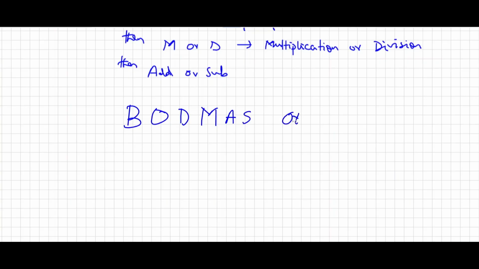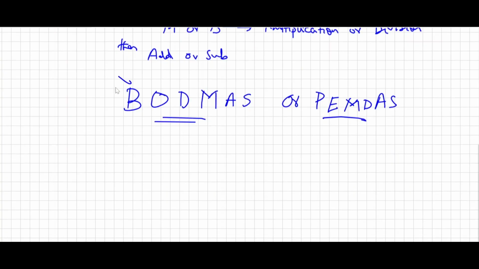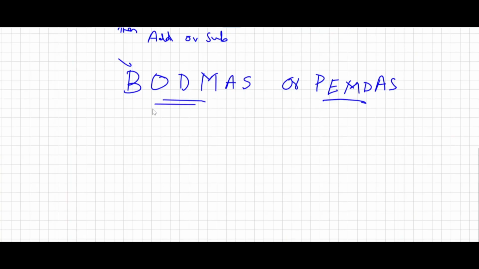Or there is another one you can use, if you like it: P for parenthesis, you can also call brackets parentheses, E for exponent, M for multiplication, D for division, A for addition and S for subtraction. It's your choice which one to pick. I like this one, so let's pick this.